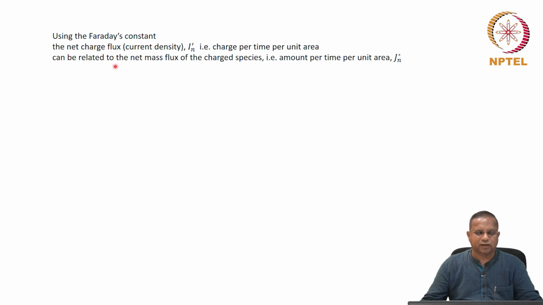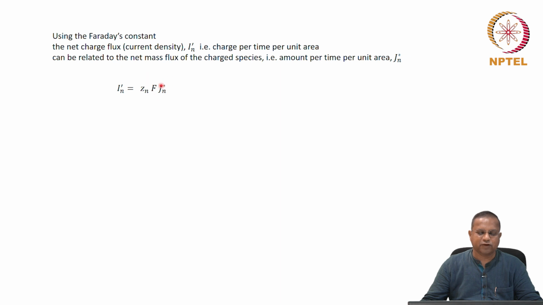It can be related to the net mass flux of the charged species, that is amount per time per unit area, Jn star, as Zn F Jn star. So this is the charge per time per unit area, right?